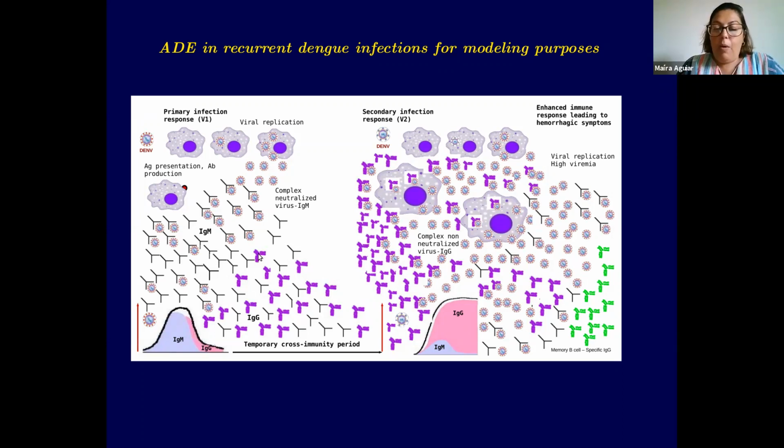However, time passes and these levels drop to a point where the individual is susceptible again. After this period of temporary cross immunity, the individual becomes susceptible, and you can then acquire a secondary infection.